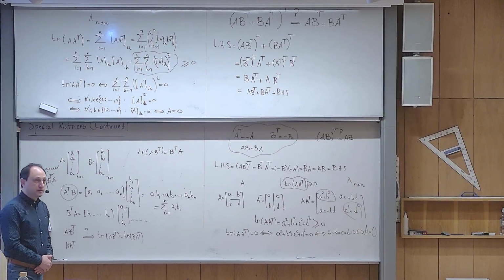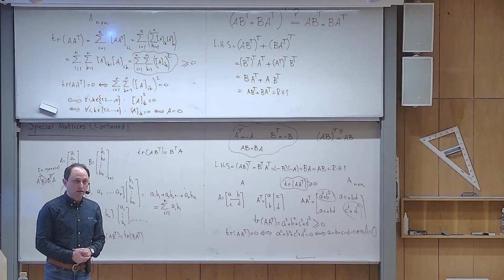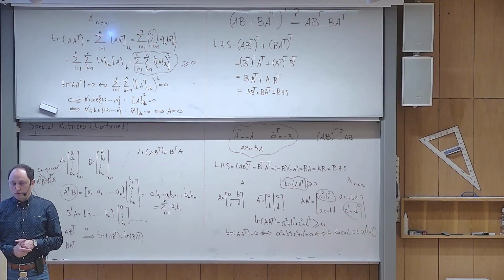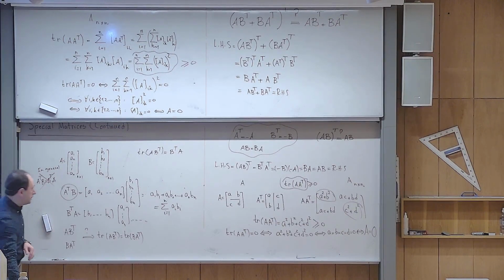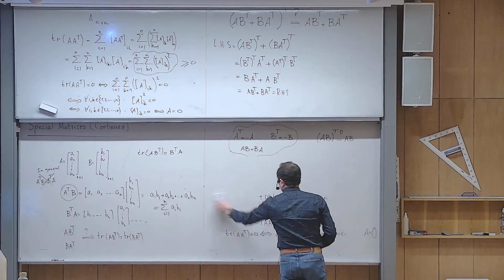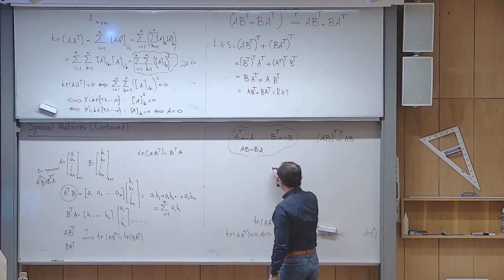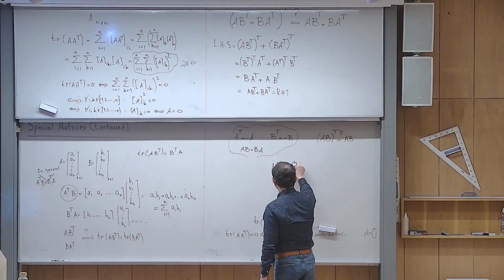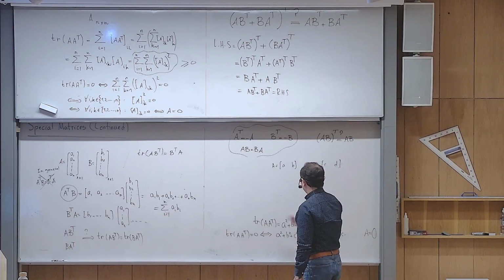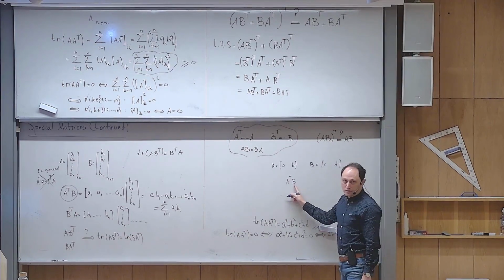Okay, any questions? Yes? Would it work for row matrices as well? For row matrices, I think it should work. But then, of course, we have to interchange them. Because if I have row matrices, for simplicity of writing, let me just take them 1 by 2. So for example, assume that matrix A is (a, b) and matrix B is (c, d). In that case, A transpose B is actually a matrix this time.